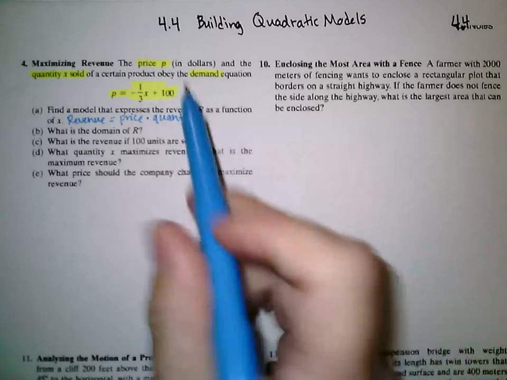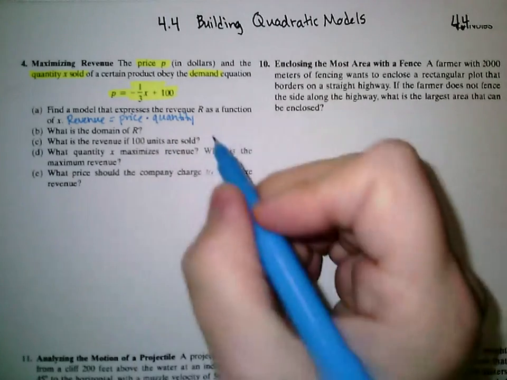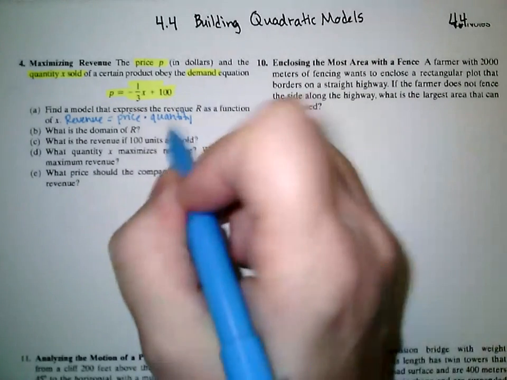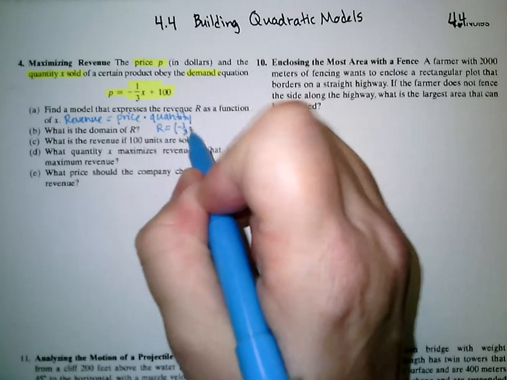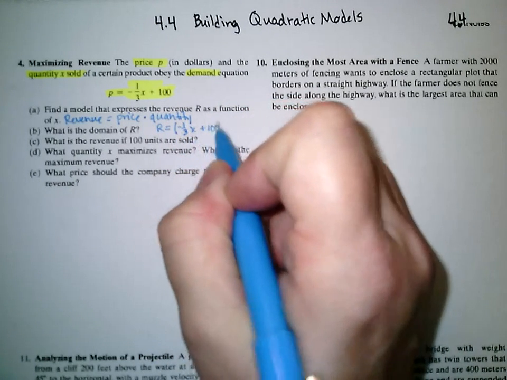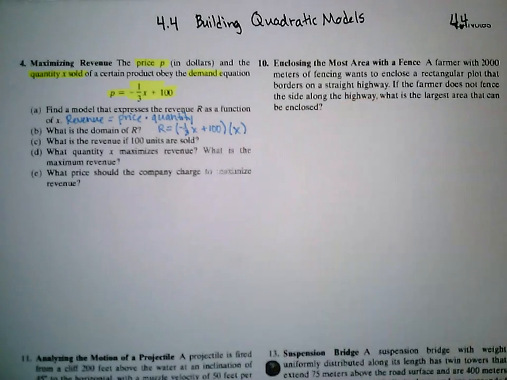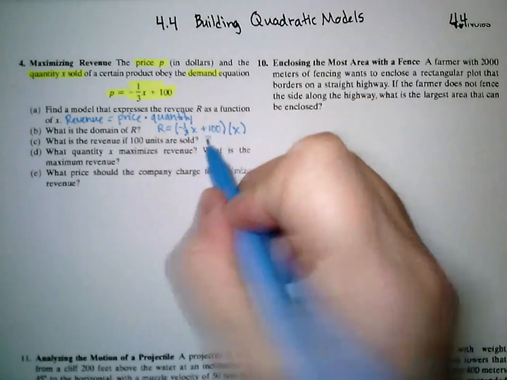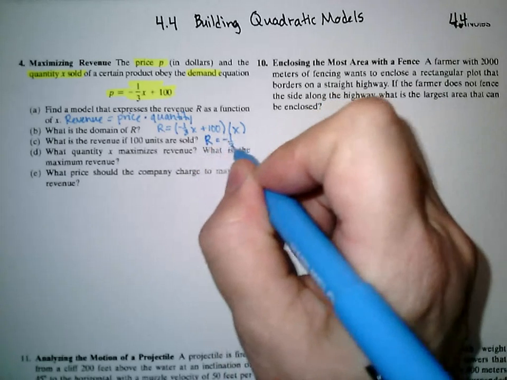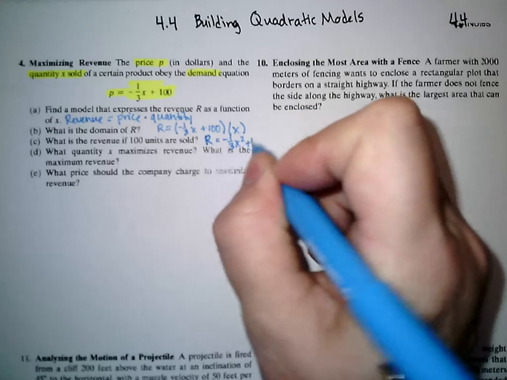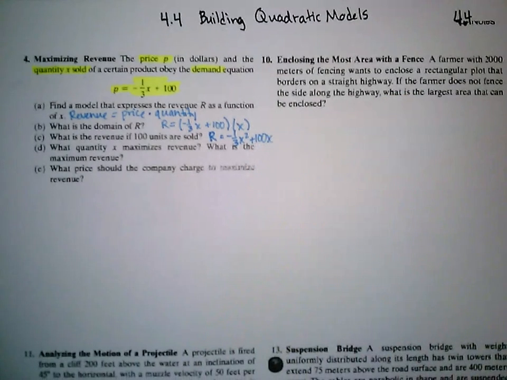So they've already told us the price is this equation and the quantity sold is X. So revenue is going to be the price, negative 1/3 X plus 100, times the quantity we sell, which is X. And if you distribute that X, we'll get an equation for revenue that is negative 1/3 X squared plus 100X. So there's our revenue equation.